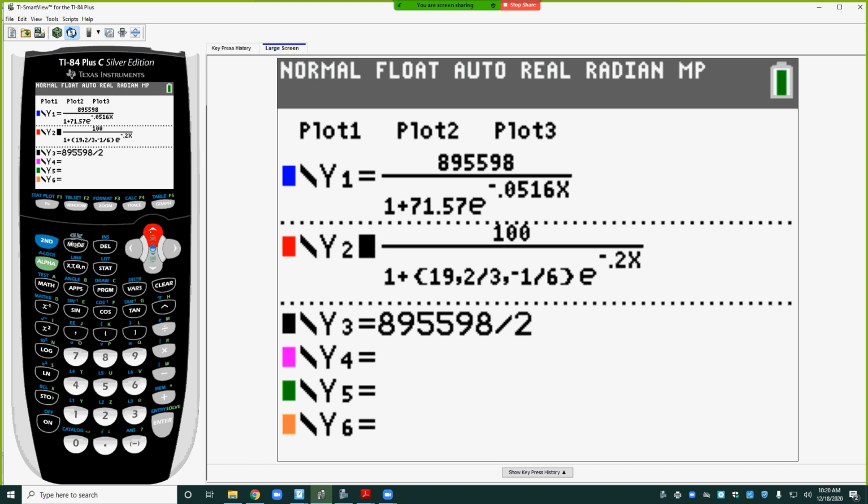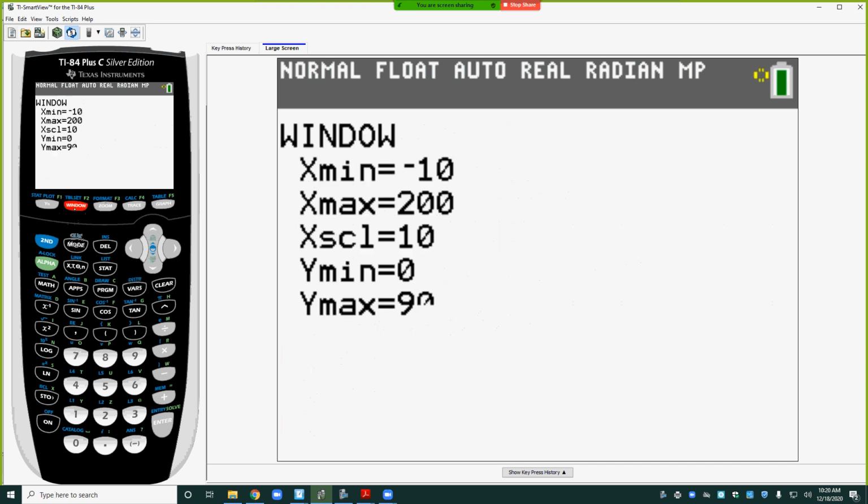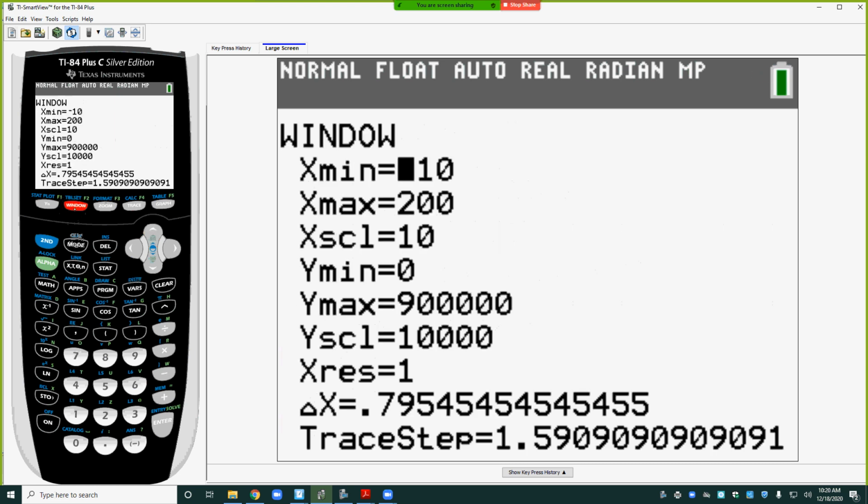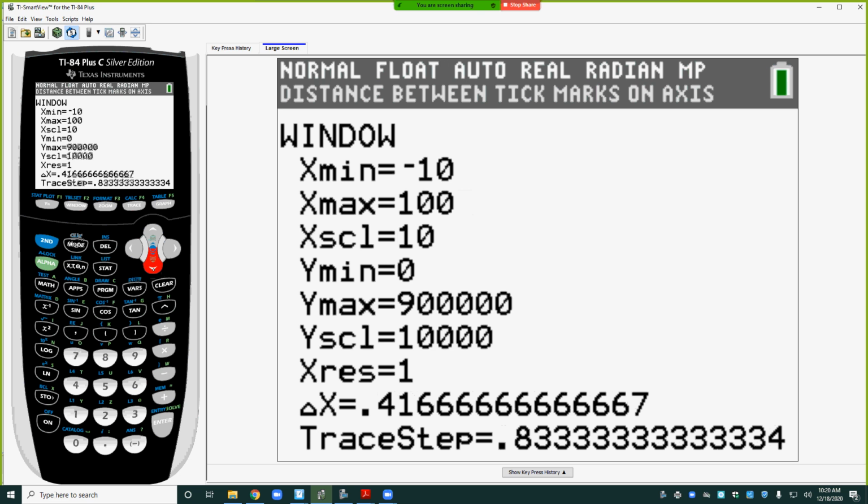Let's set our window. Bump this up. I'm going to go negative 10 to 100. I can always change that value. My Y min, I know that the floor is at 0.